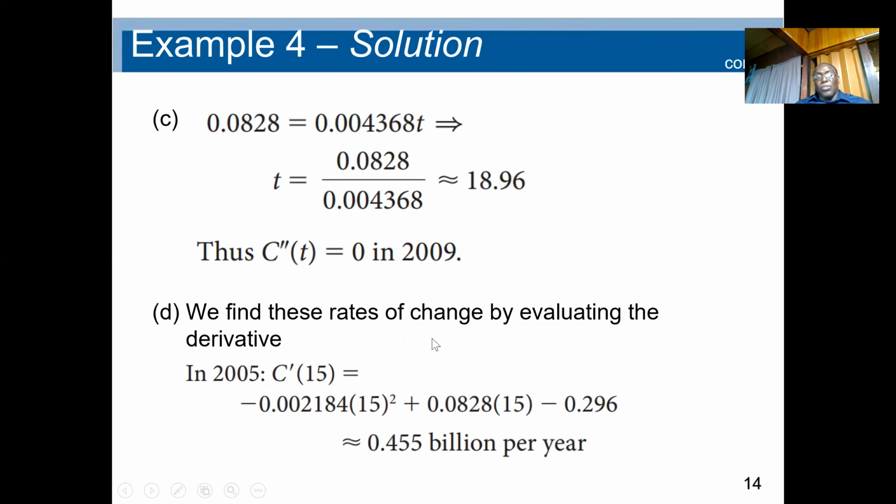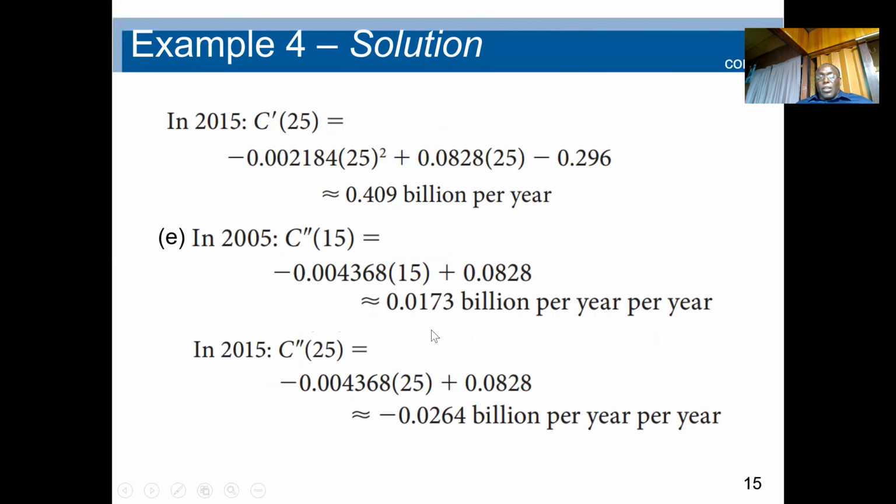So we solve for the following, and we got 18.96. D, we find this rate of change by evaluating the derivative. So we know in 2005, we find the derivative of c at 15, which we substitute. Then the first derivative at 25, and the second derivative at 15, and the second derivative at 25.